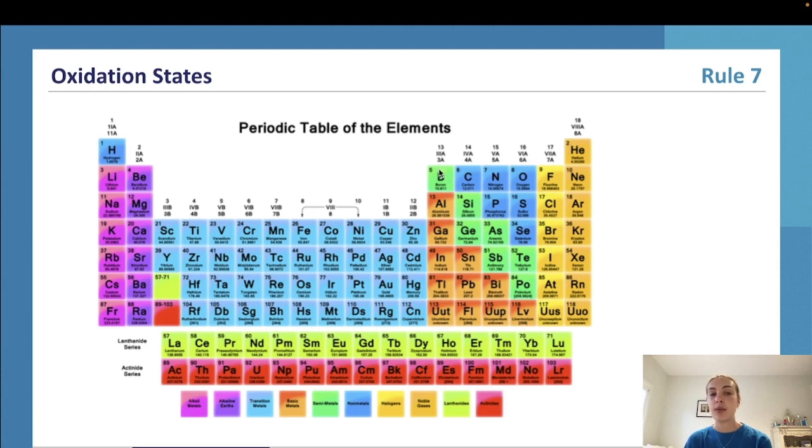This one would be the +3, but that also varies quite a bit. This one here is +2, and this group here, group 1, is +1, as we spoke about before. And so we can see here these are our group 1 metals, which are fitting in with group 3, and then we've got hydrogen up the top here in group 1. Obviously not a metal, but still following that general rule.